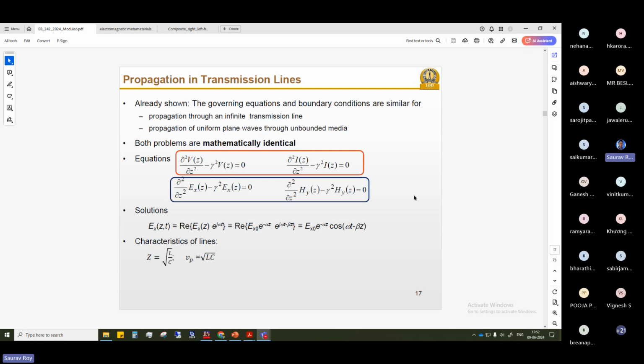So, coming back to this, around 2000 the group led by Dr. Caloz and others demonstrated a transmission line based explanation for a left-handed metamaterial. Before that, people were talking about SRRs and all.